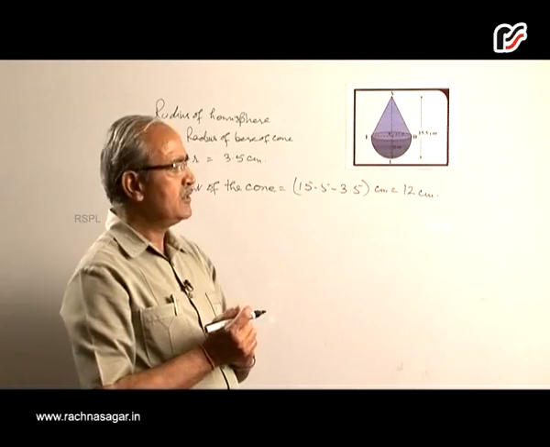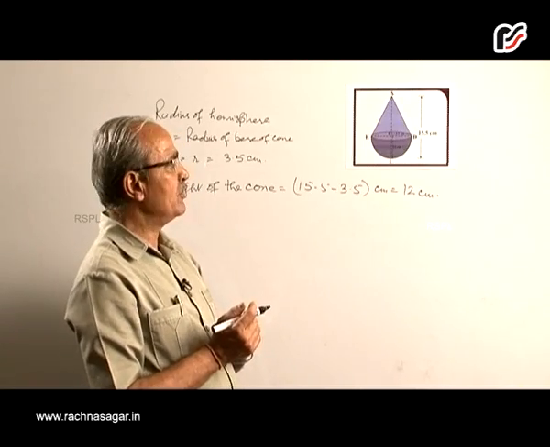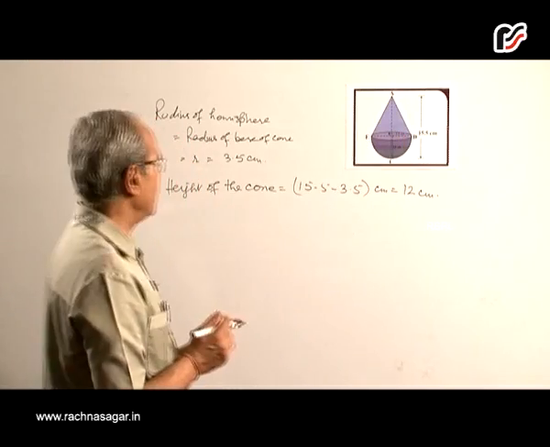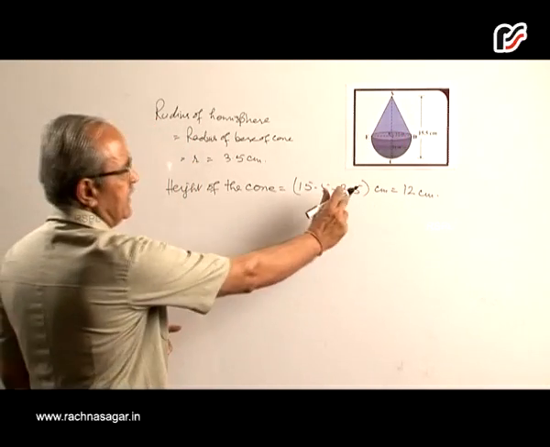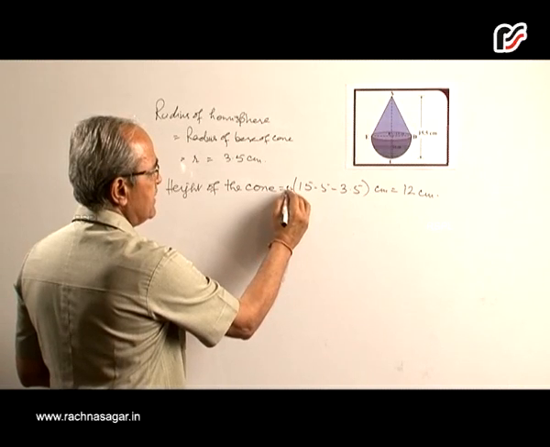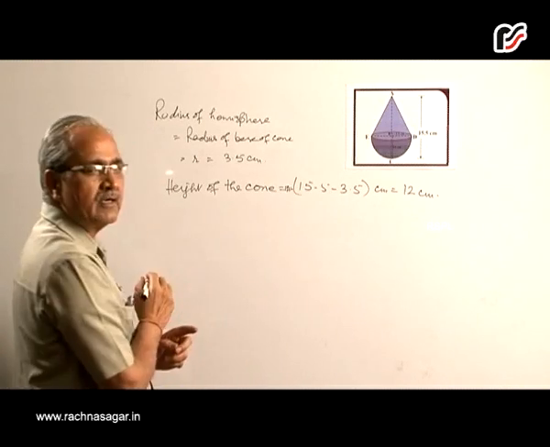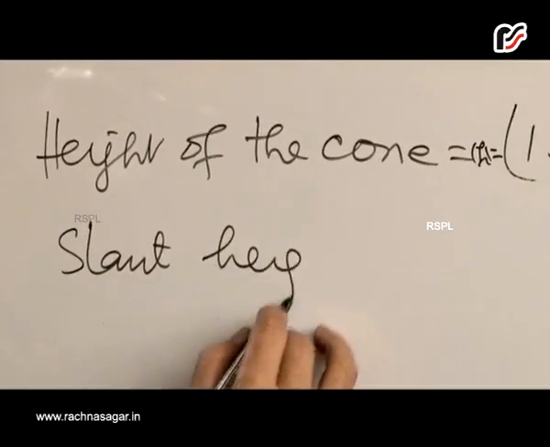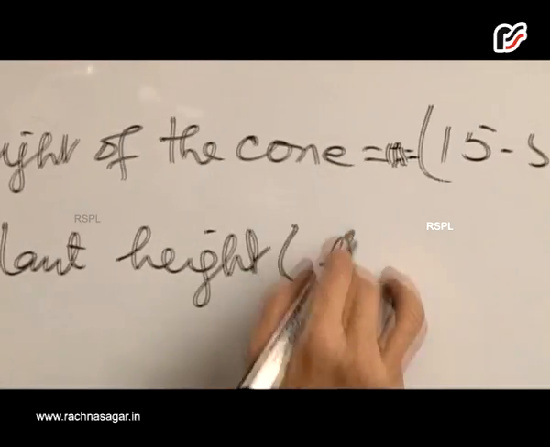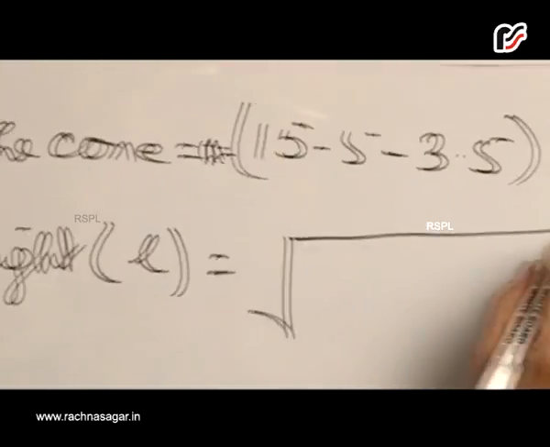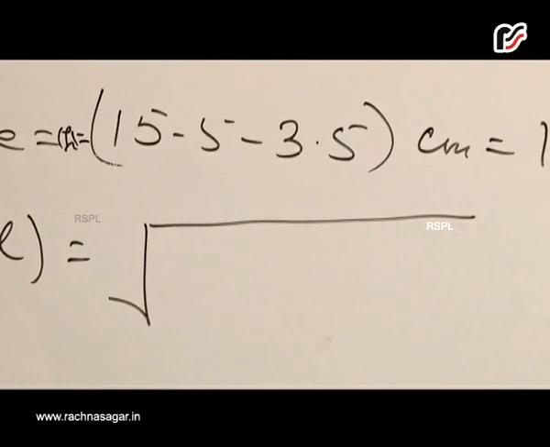As we know, for surface area of a cone, we require slant height. So let's first find out slant height of the cone. Now height of the cone is h. Slant height L is root r square plus h square.